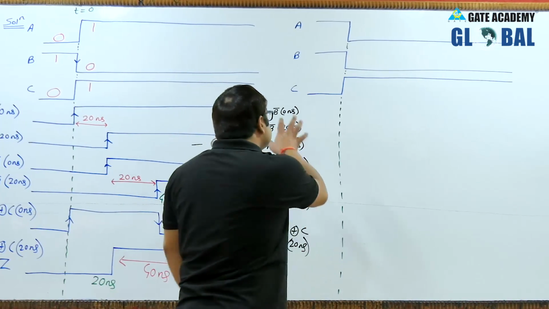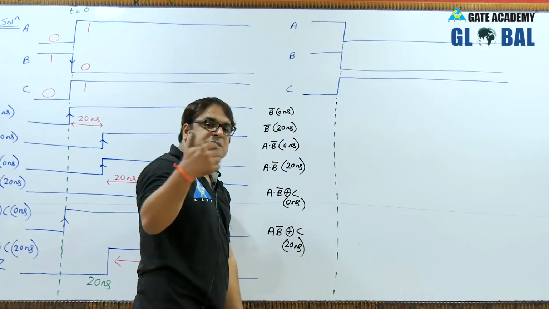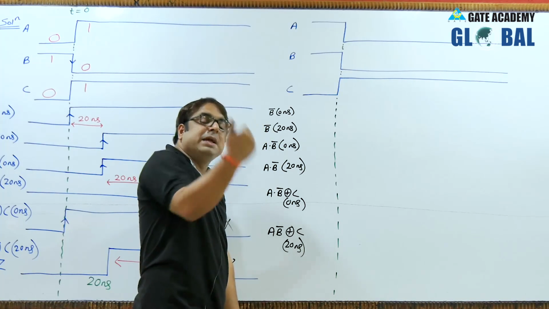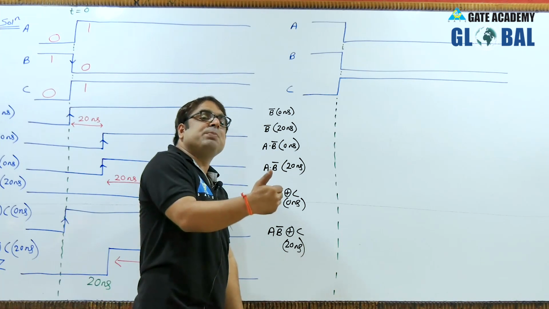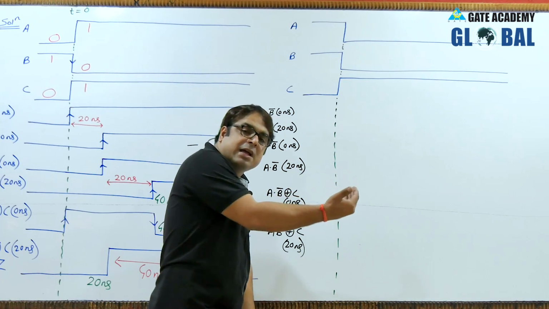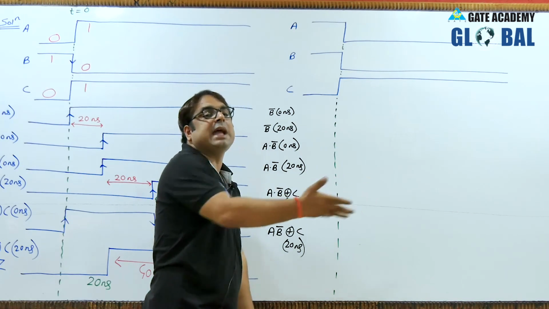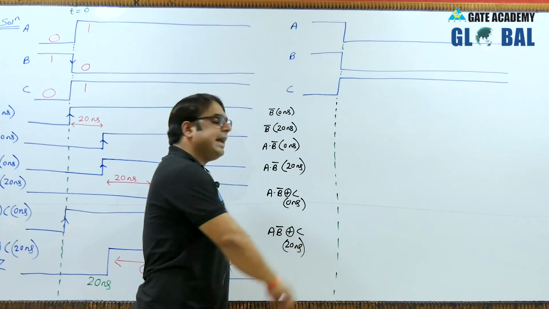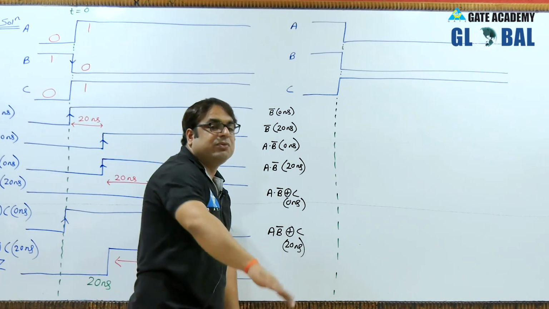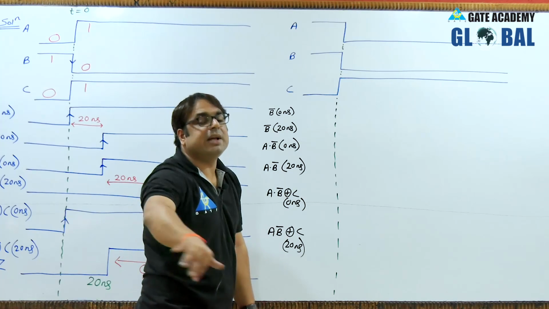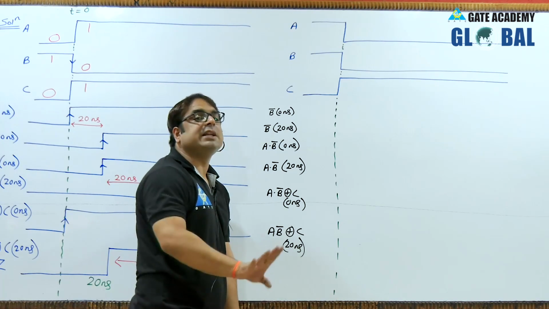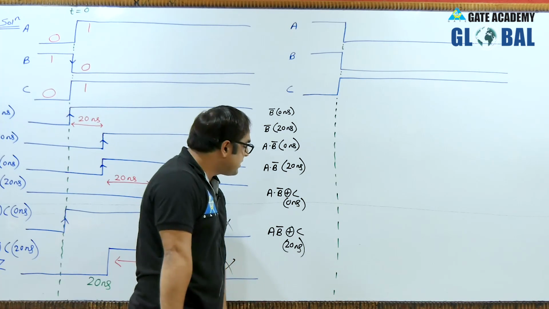See, all these same waveforms, first gate from the input side is the NOT gate. So first I need B complement, then output of B complement is given with the input A to the AND gate. So next will be A dot B complement, and then output of the AND gate will be given to the XOR gate with waveform C. So this one is the last one, and all the gates are having a delay of 20 nanosecond.